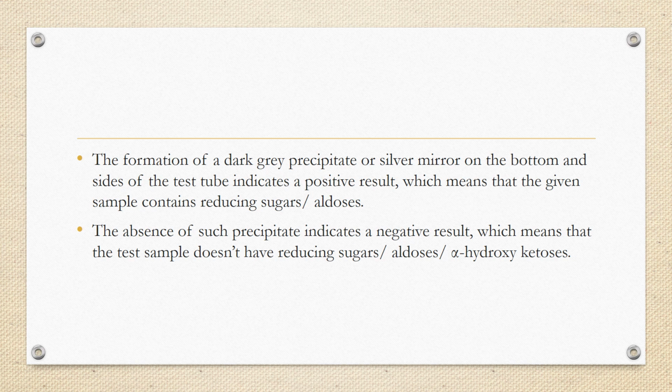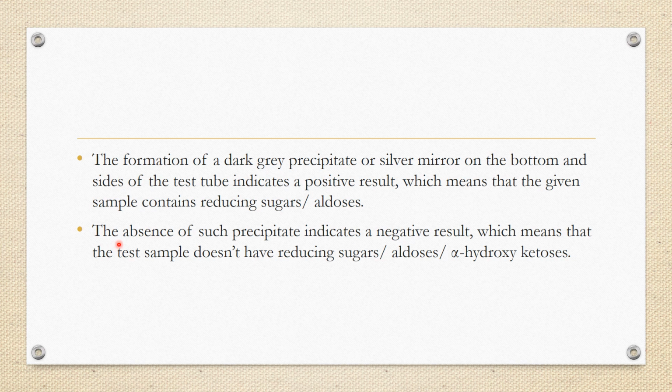The formation of a dark gray precipitate or silver mirror on the bottom and the sides of the test tube indicates a positive result, which means the given sample contains a reducing sugar, an aldose.